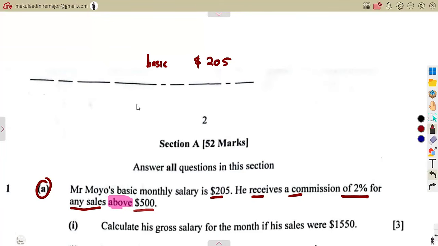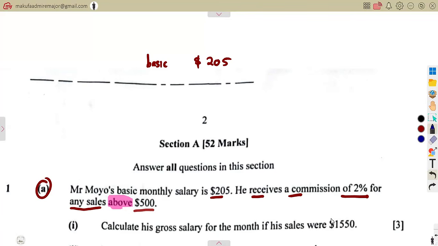Okay, let's have this thing here. If you are given a commission, we do understand that a commission is a percentage that you do get after you have worked for a certain amount, that maybe you're selling something, then you're given a certain percentage. So that percentage is given as a condition.